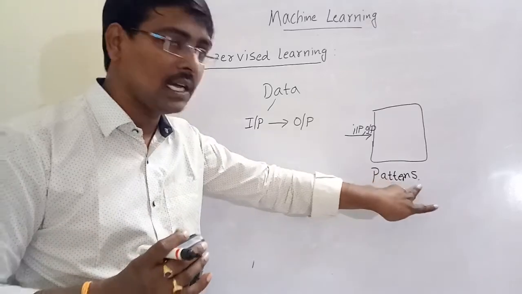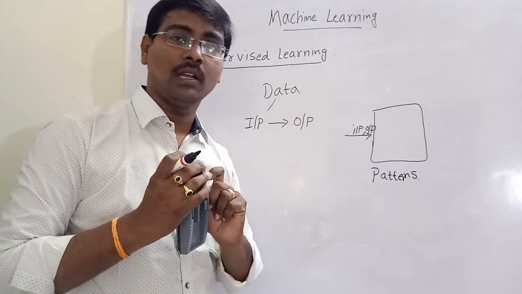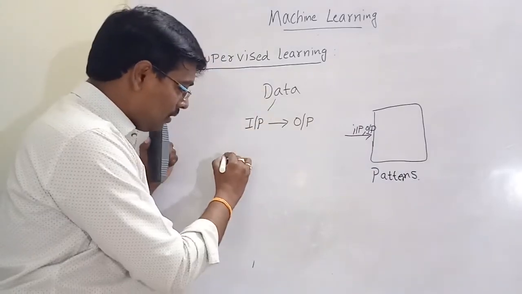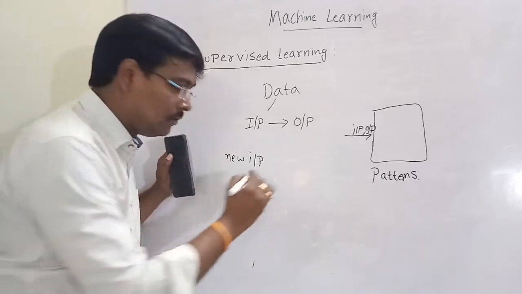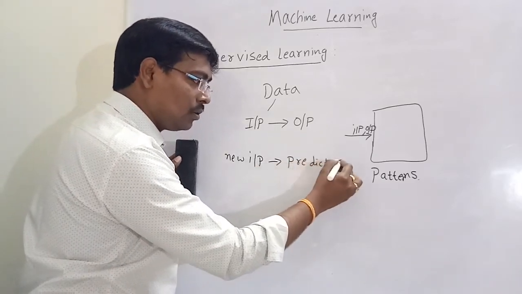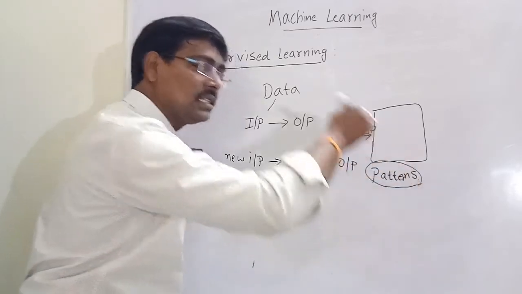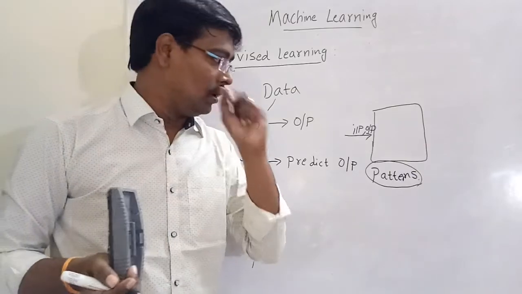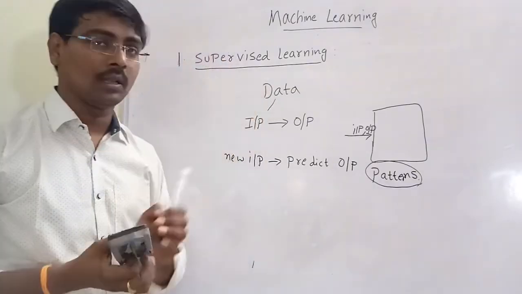Now, whenever a new input is given, the computer predicts the output, that is, identifies the output based on the patterns it already observed. I think you got the point.